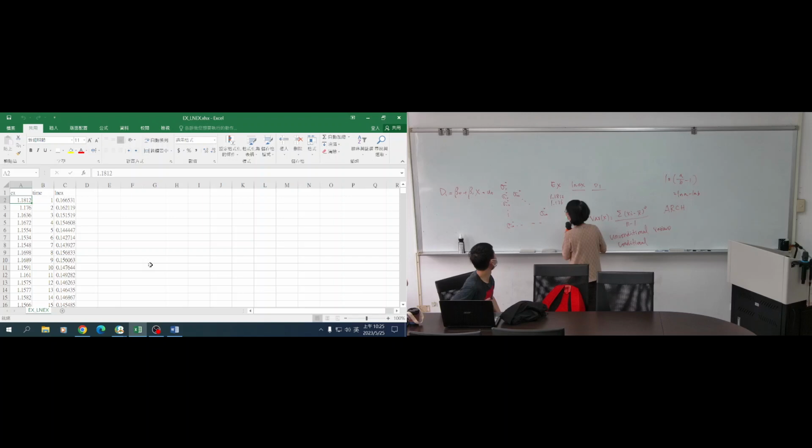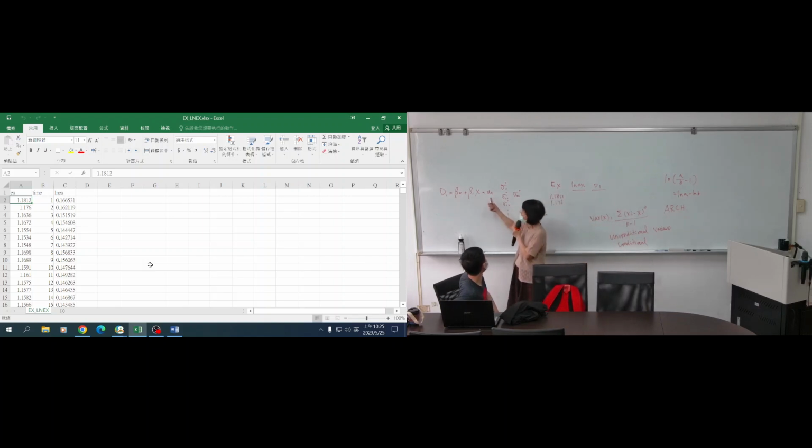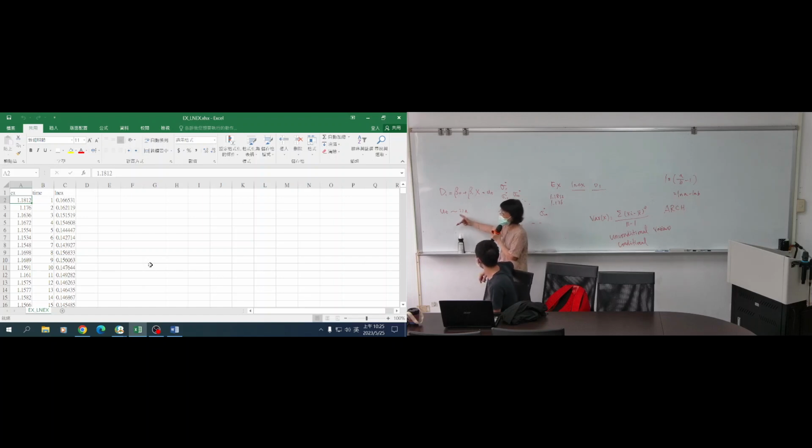But if we do have heteroscedasticity, what happens to this one? We say this u_t is IID, usually expressed as independently distributed as a normal distribution with mean 0 and the variance like this.